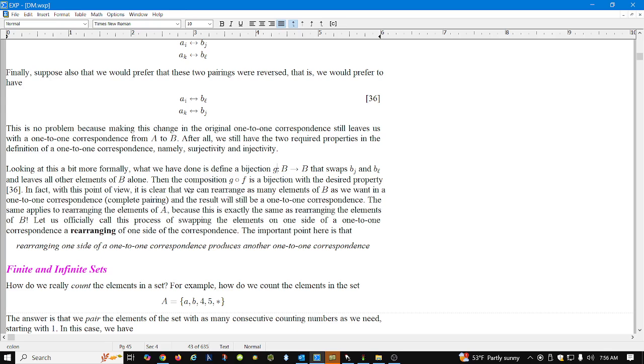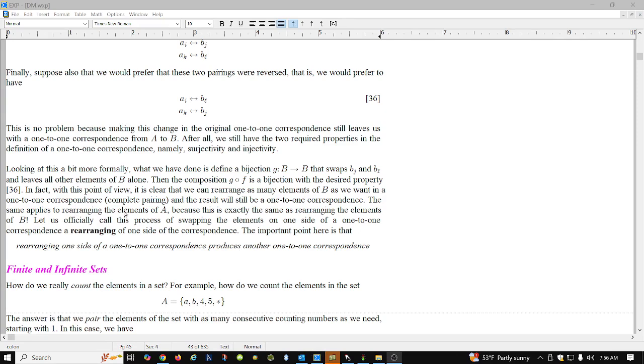And I'm going to do that, actually. So just for terminology, I'm going to refer to this application of a bijection as rearranging one side of a one-to-one correspondence. So rearranging one side of a one-to-one correspondence produces another one-to-one correspondence.